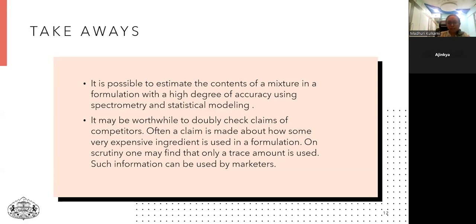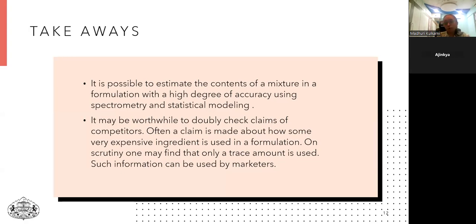Or if they claim that the height grows by this much, or that there is no sugar or no preservatives. Whenever such claims are made, they are basically claims regarding the ingredients. And what we did for this particular situation is very much applicable even in those situations.